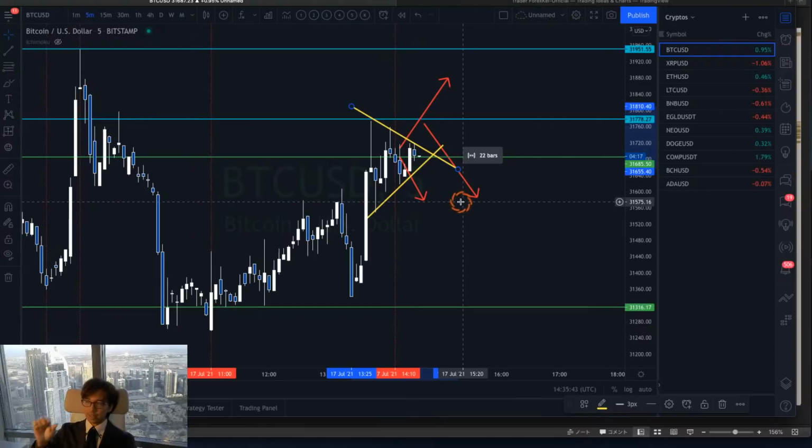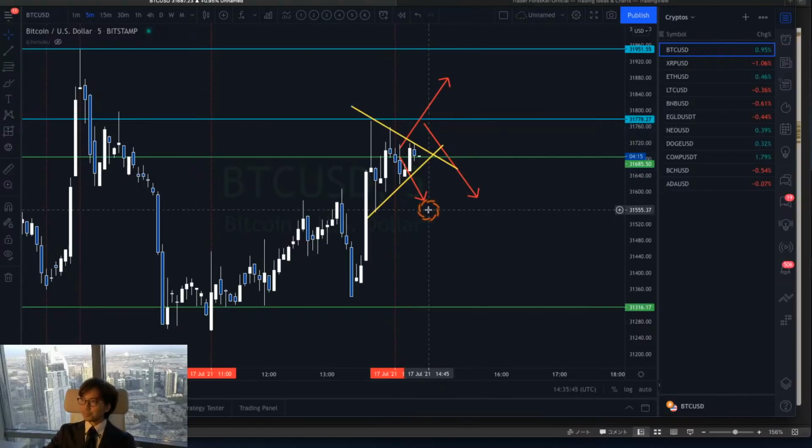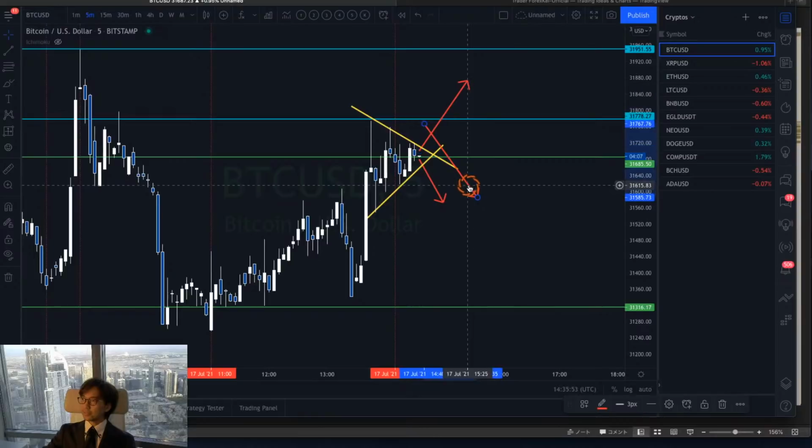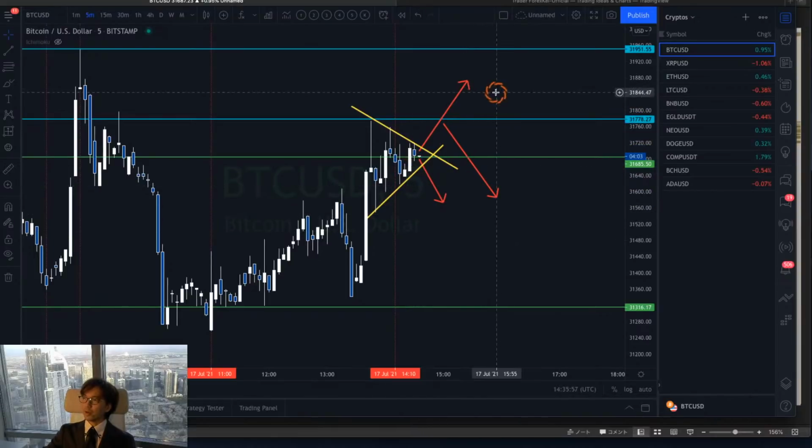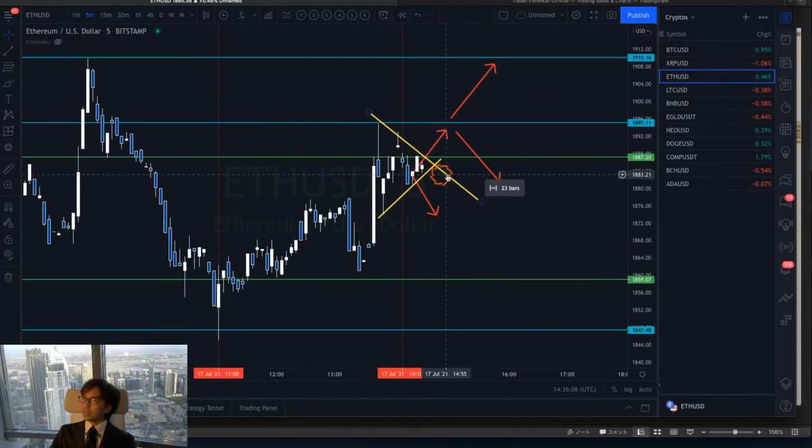You have to refine the lines like this. So since this is still P wave, we don't know which way it's going. So let's wait for a couple more minutes until it breaks either direction. So I'm still at break even on the Bitcoin, and Ethereum is still break even, a small loss in this case.